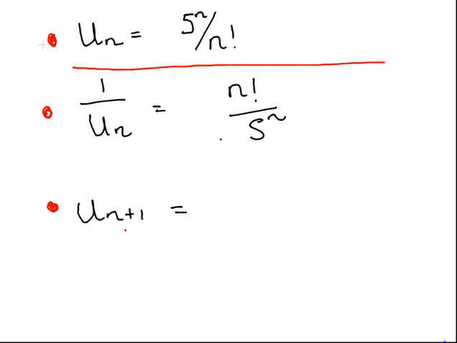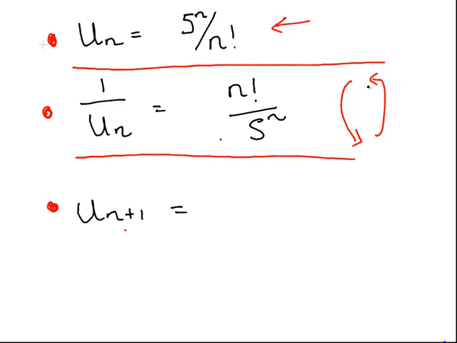Division is also multiplying by 1 over something, so I'm expressing 1 over u of n as n factorial divided by 5 to the n, just flipping the expression around.